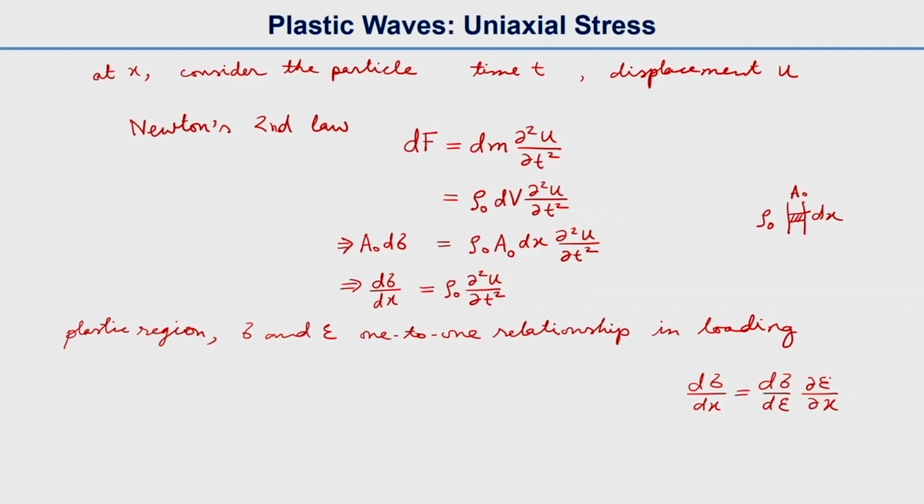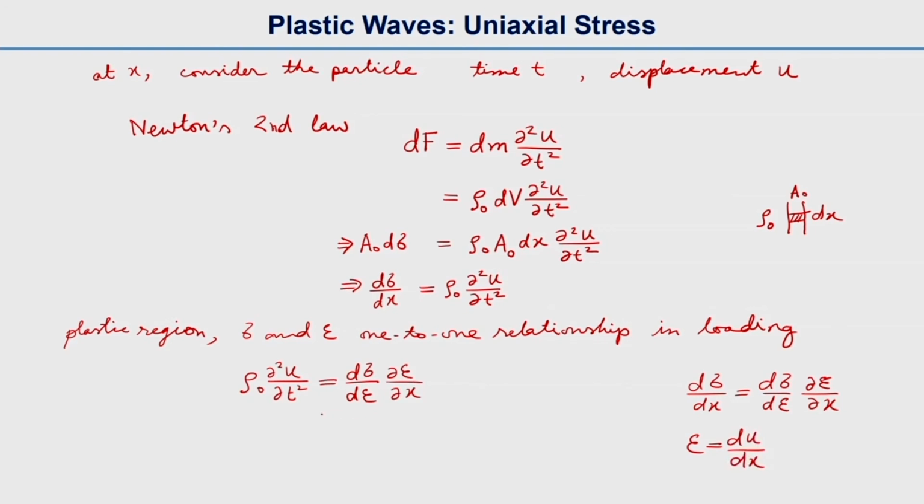Strain is a multivariable function, so we can write the above equation as rho naught times the second partial of u with respect to t equal to d sigma by d epsilon times the partial of strain with respect to x, and then we know that epsilon is equal to du by dx.